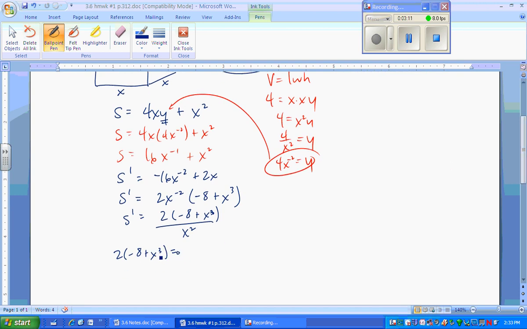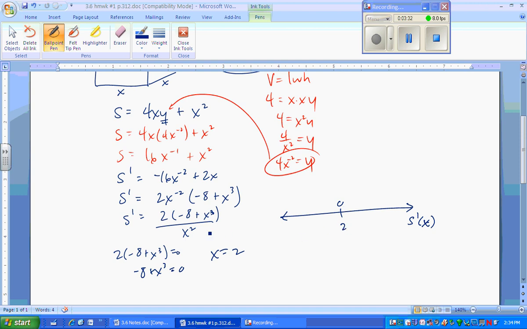If we divide both sides by 2, we get negative 8 plus x cubed equals 0. Add 8 to both sides. Take the cube root. x equals 2.